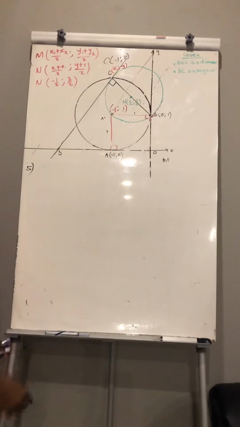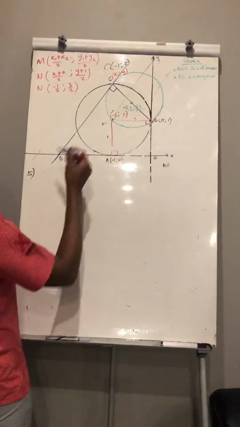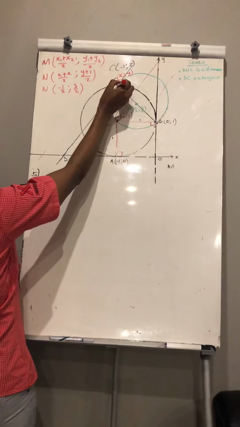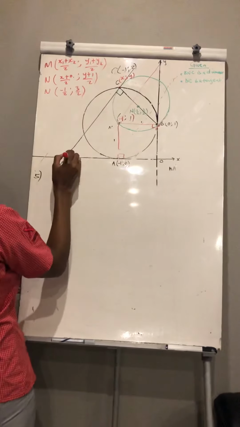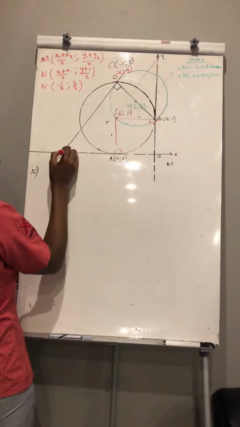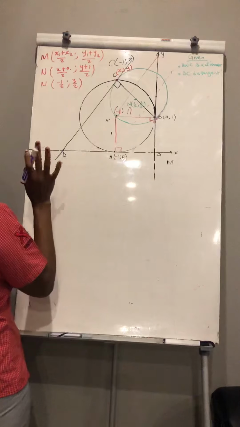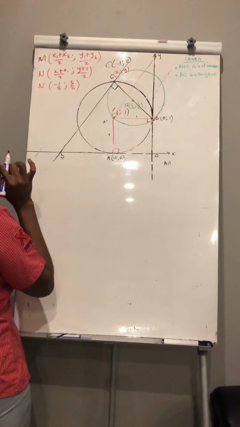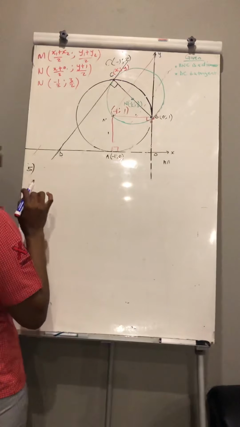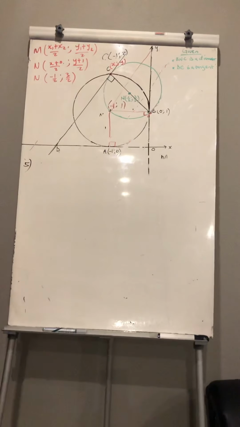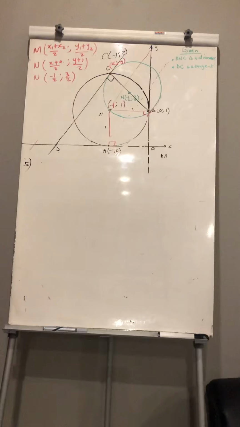Now here is what we are saying. This point right here was translated from there to here. So the first thing we have to know is the coordinate of D. That will really help us. Now the coordinate of D will only come if we remember the equation of that circle, and the equation of CD.